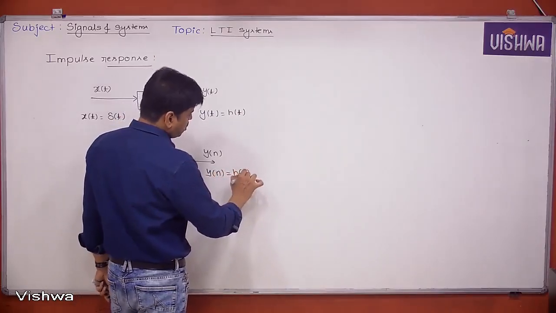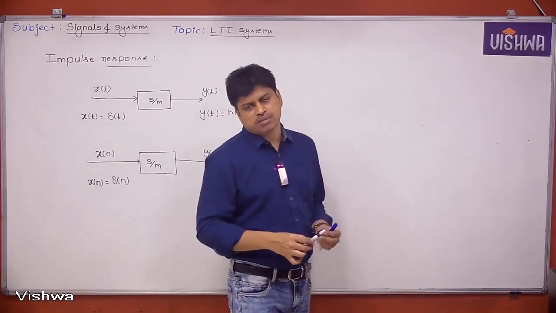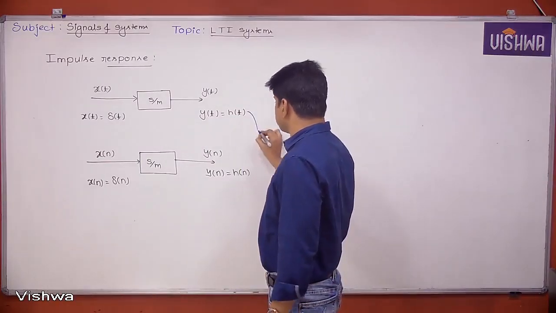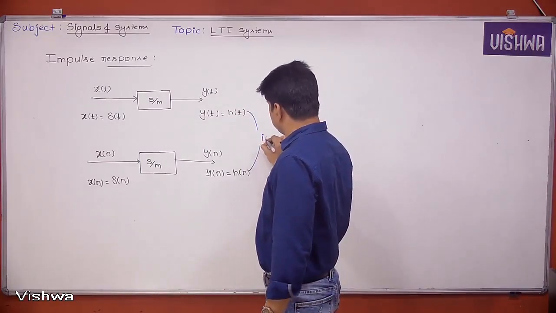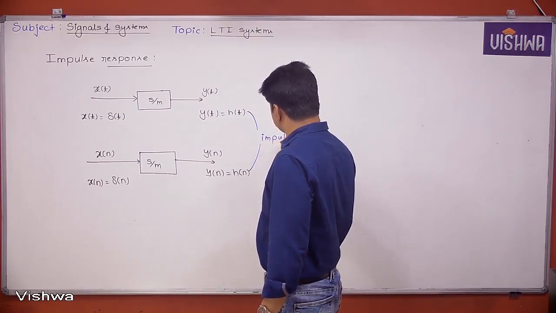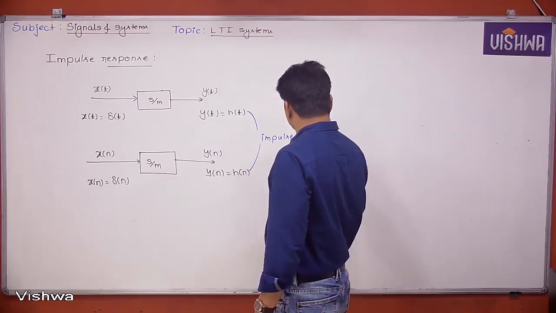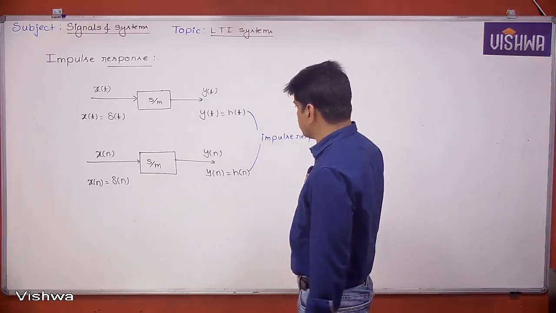So remember, h of t in the continuous time case or h of n in the discrete time case are called the impulse response. That's what the impulse response is.